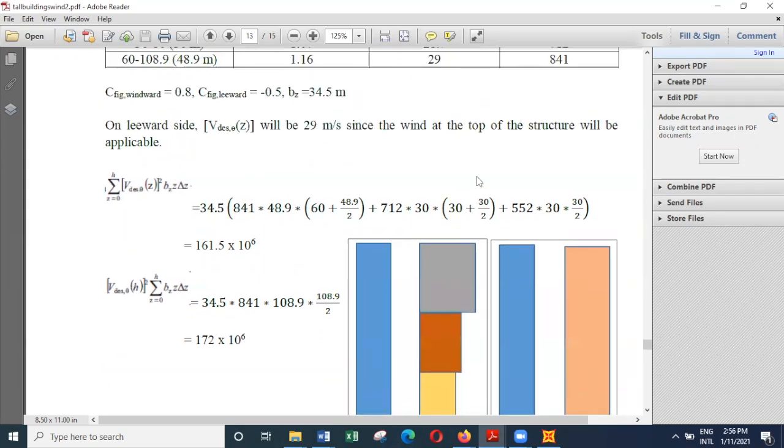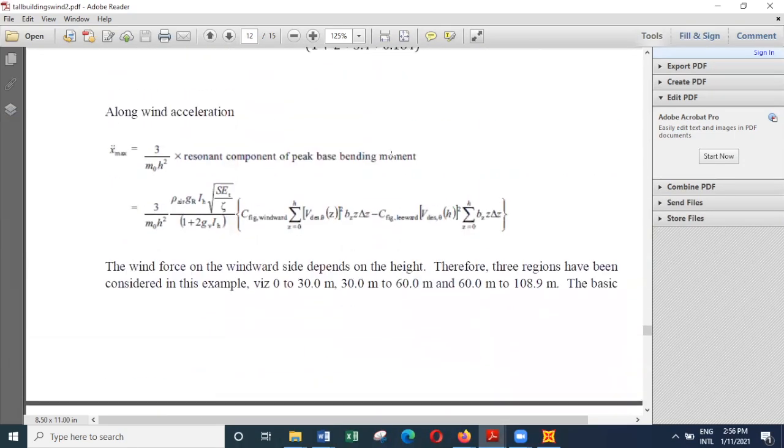So basically in this equation, you can see this part is done, this part is done. Then we know the windward coefficient is 0.8, and the leeward coefficient is 0.5. But again, you can see the leeward coefficient is minus 0.5. So here you get minus, here you get minus 0.5. So that means the effects are added up.